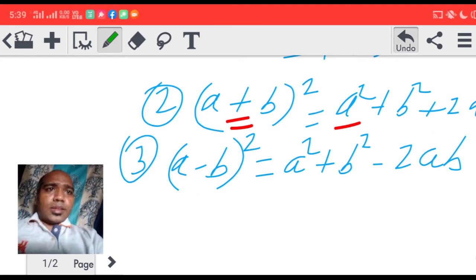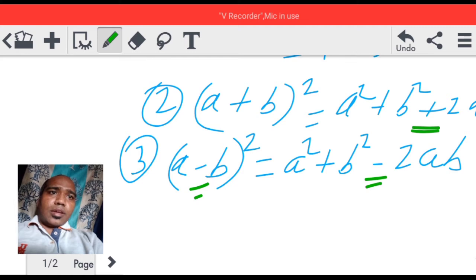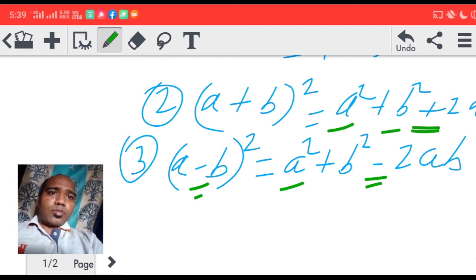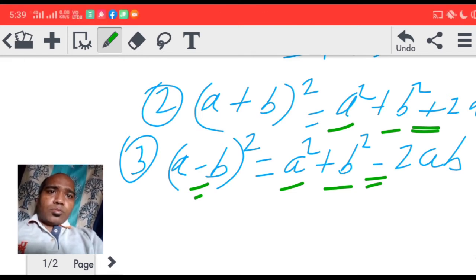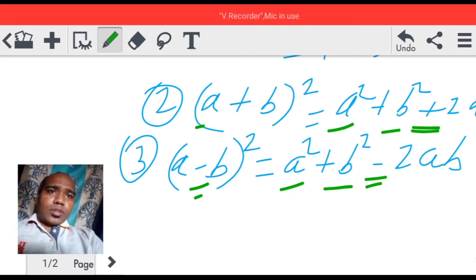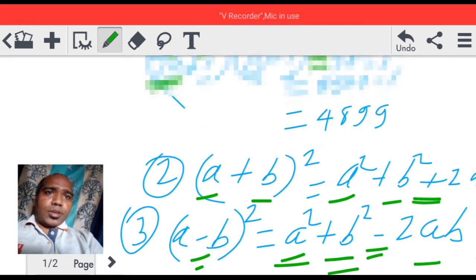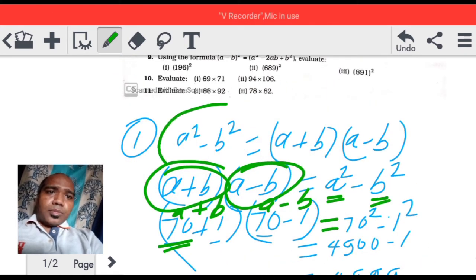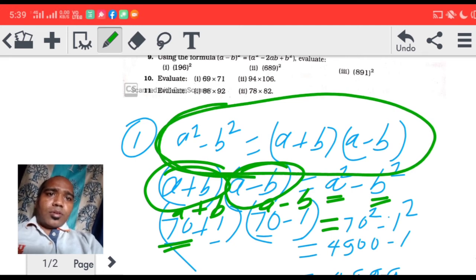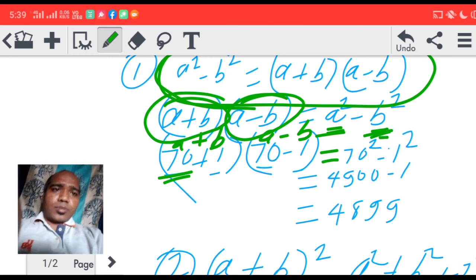Only in the plus sign we get plus 2ab, and in a minus b whole square, minus 2ab at the end. The rest, a square plus b square, is the same in both. So the three formulas are: a plus b whole square is a square plus b square plus 2ab; a minus b whole square is a square plus b square minus 2ab; and in the beginning we discussed that a square minus b square is equal to a plus b into a minus b, or just reverse, a plus b into a minus b is equal to a square minus b square. Okay.